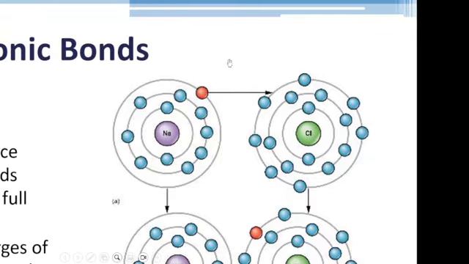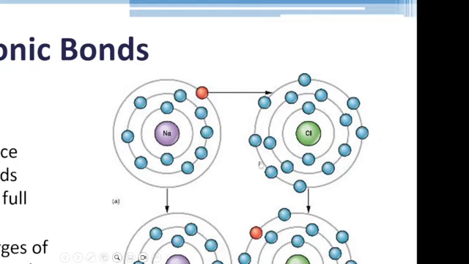This is the valence shell, and as you can see, there's only one electron. So this electron wants to move into the other atom, because this other valence shell is nearly full.